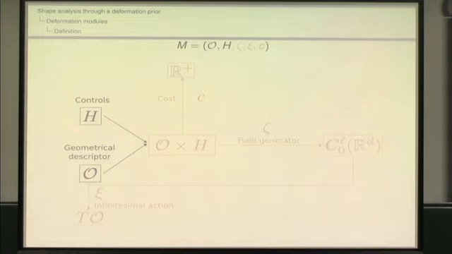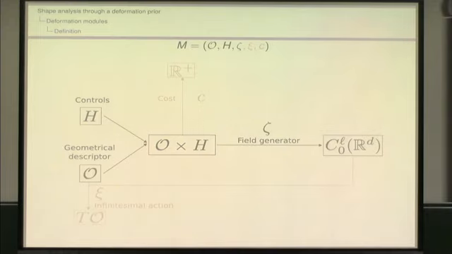The space of control is a vector space, and I will denote by H this control space, and small h the elements of this space. Then, the field generator is a function that goes from the product space of geometrical descriptor and control to the space of vector fields of a certain regularity, L here, and that tends to 0 at infinity.